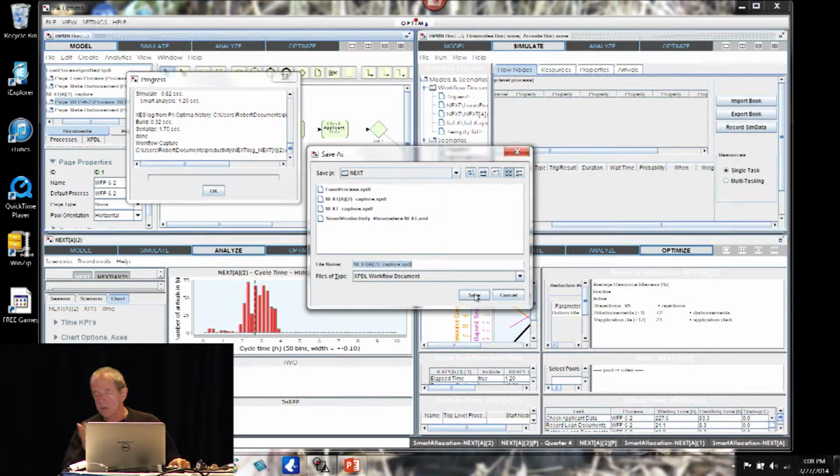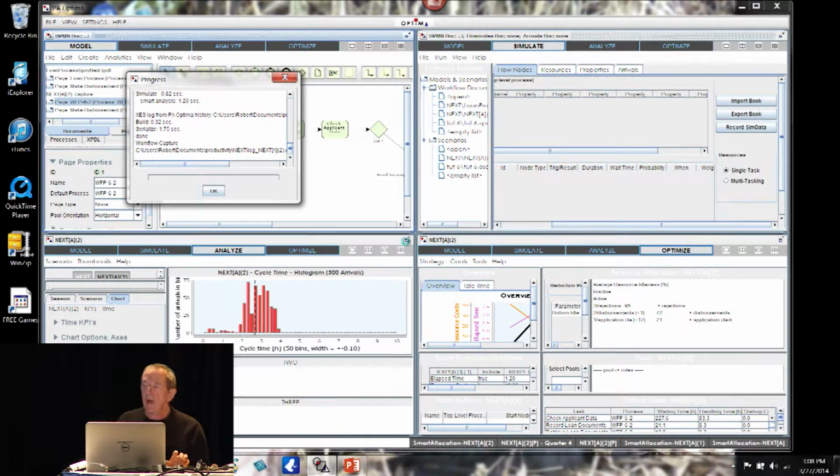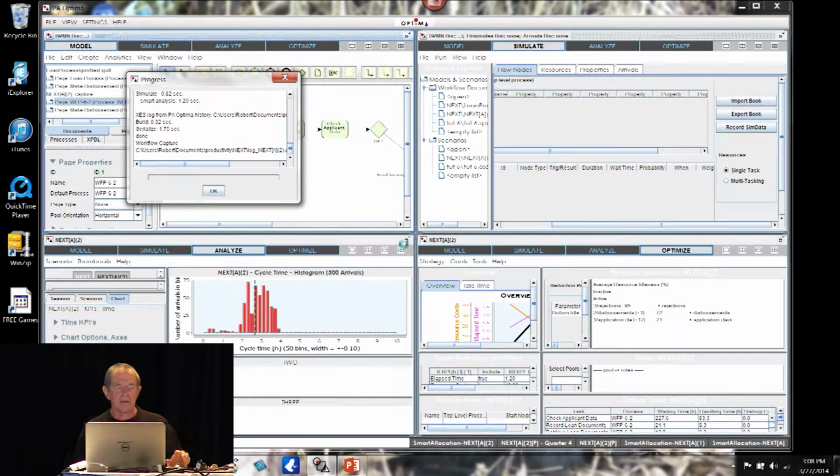It wants to know the name to save it. I'm going to save it. There's one there already. I'm going to replace that. Now it's constructing all of the other Optima analytics, which is used in the algorithms that you just saw. And it's now got a new scenario. I want it to save that scenario. And it's finishing up its work.